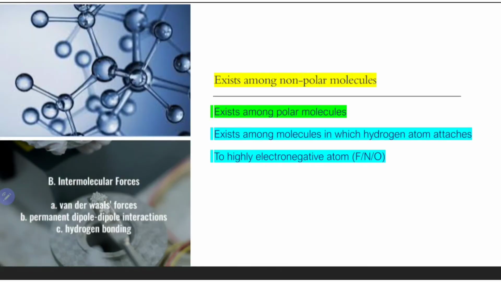For intermolecular forces, they exist among non-polar molecules as van der Waals forces or London forces.